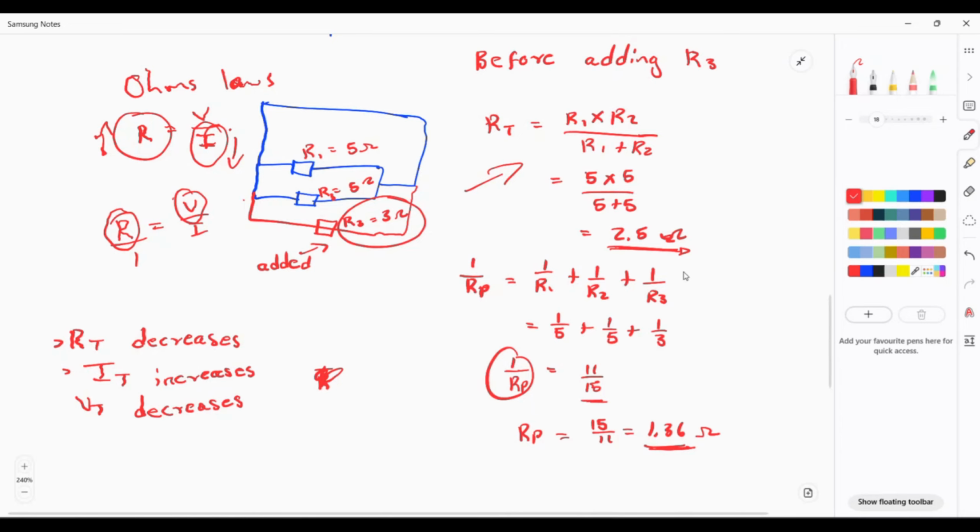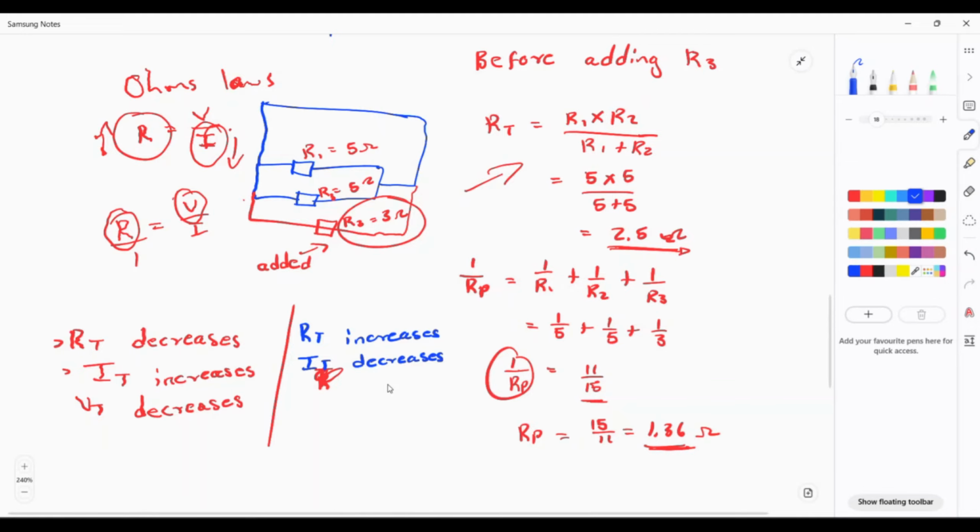And when total resistance increases, let me also add it over here. You will do your summary. RT increases. When RT increases, what about my guy? Oh, current. Current, which is IT, is going to do what? Decreases over there. What about voltage, who is in a relationship with the resistance?